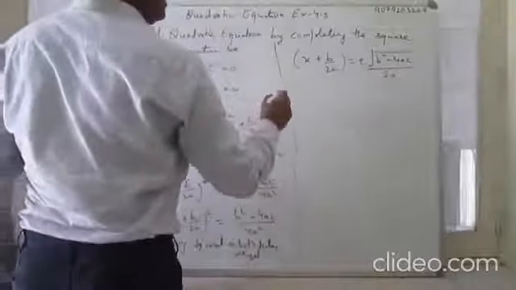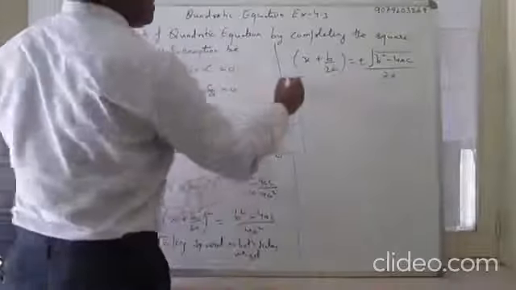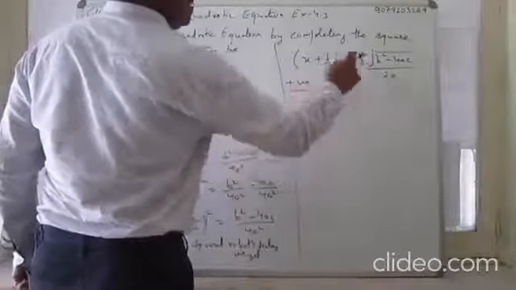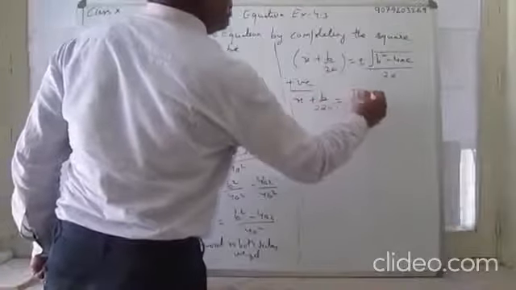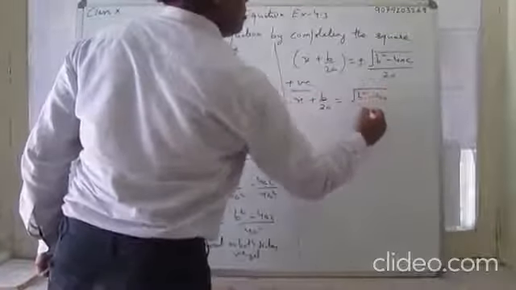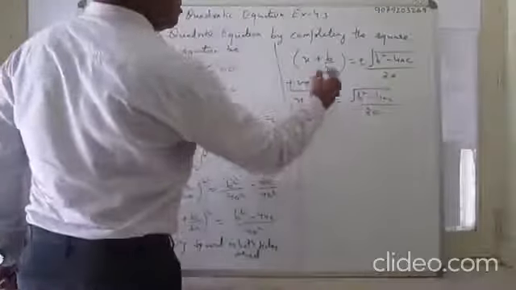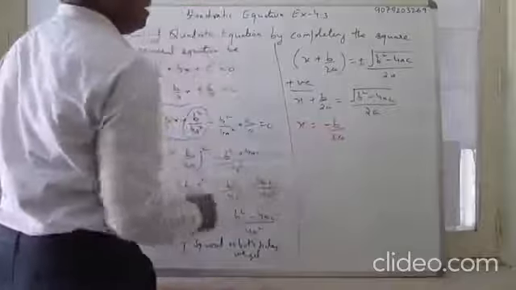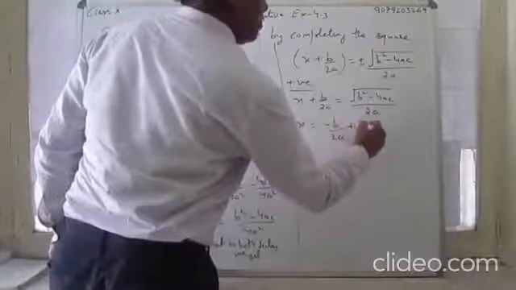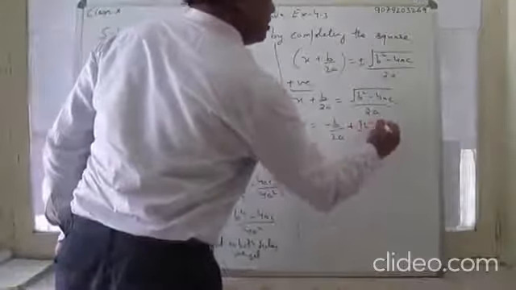If you take positive sign, there are two values. If I take positive value, it is under root b square minus 4ac upon 2a. Transpose b that side, so x is equal to minus b upon 2a plus under root b square minus 4ac upon 2a.